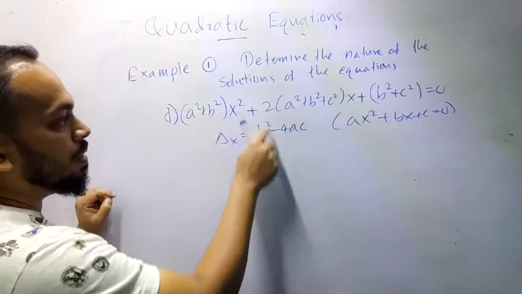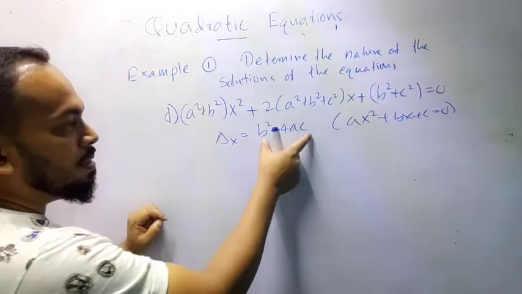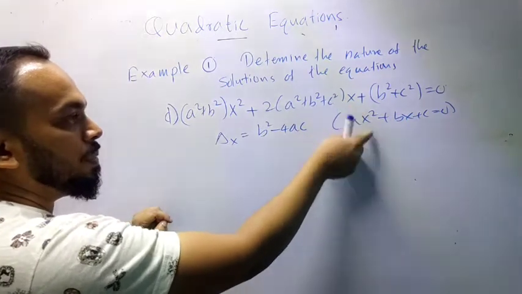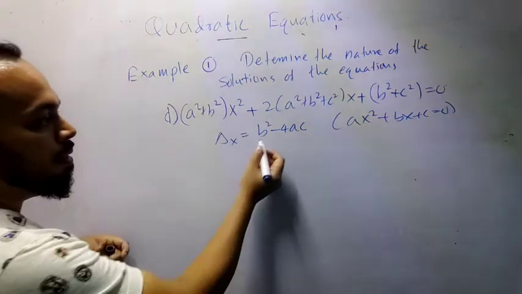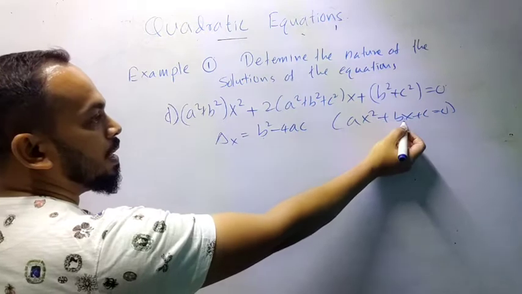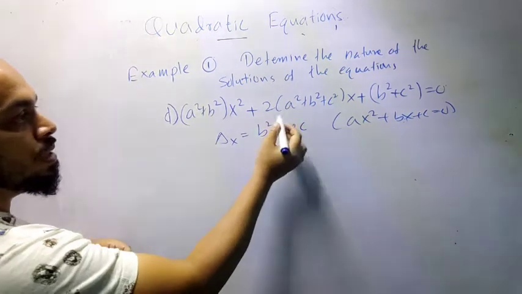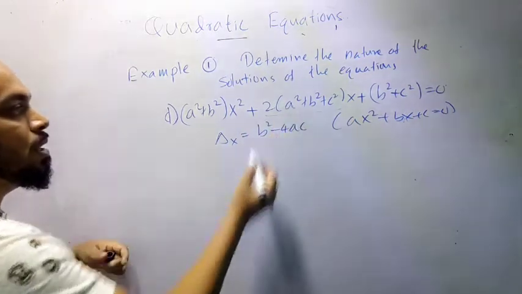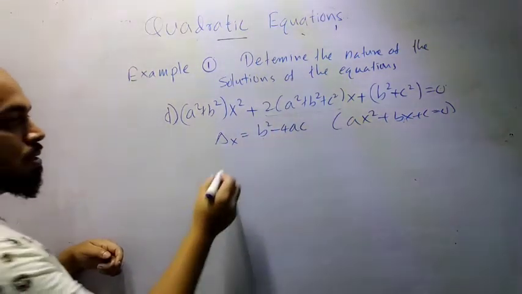So these are not related. This is related to this only. So we can compare these two. Then we compare. b means whatever is in front of x. So what is in front of x? In front of x is 2 times a squared plus b squared plus c squared.